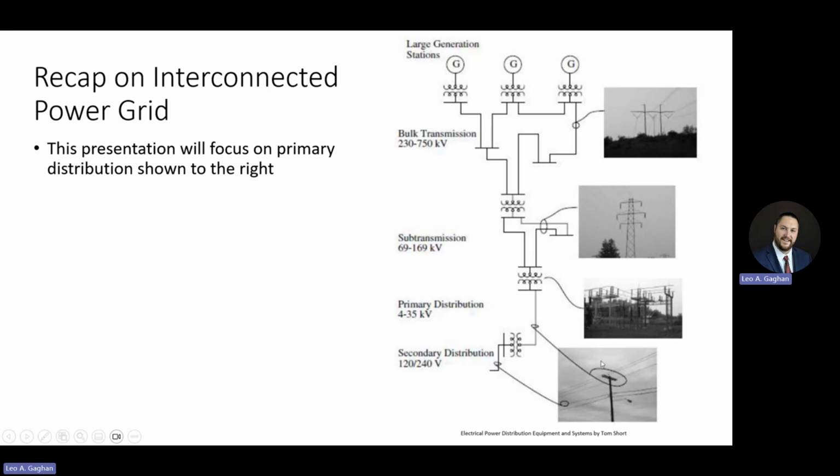These poles over here, that's primarily the distribution system we'll be talking about today. It's usually from 4 to 34 kV. Anything higher than that, I might call sub-transmission or transmission. And then the secondary distribution, which is 120, 240.